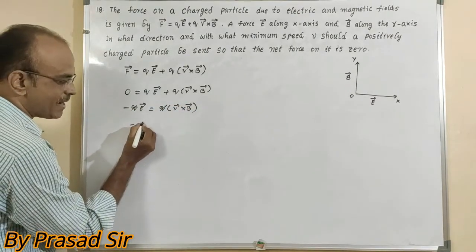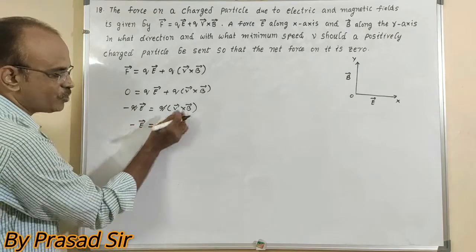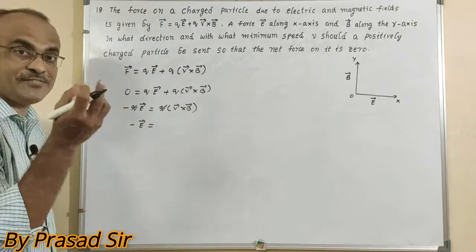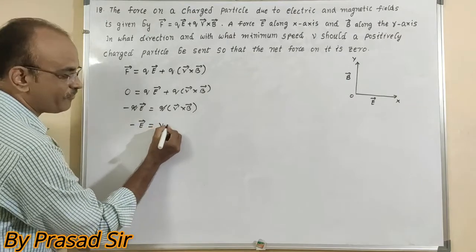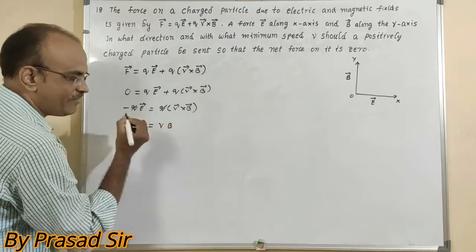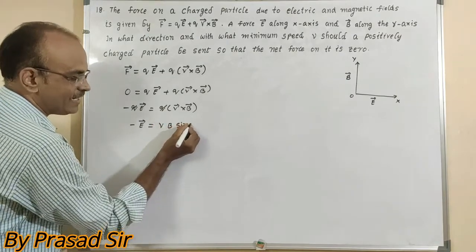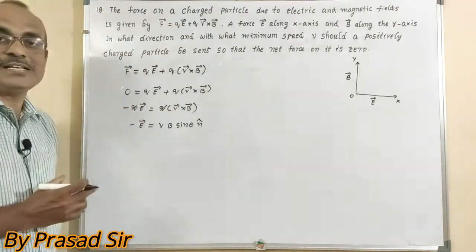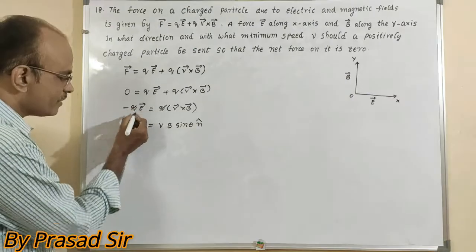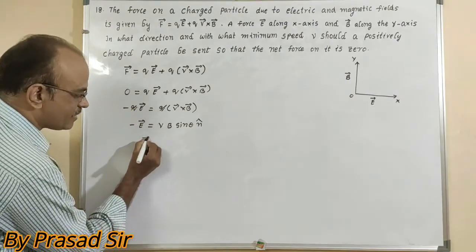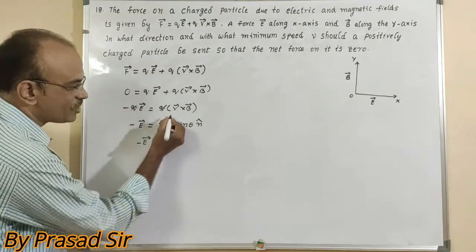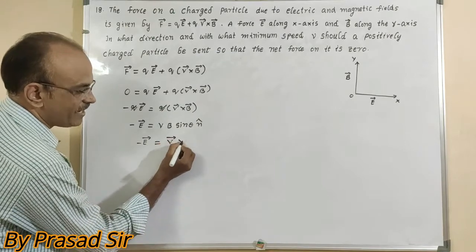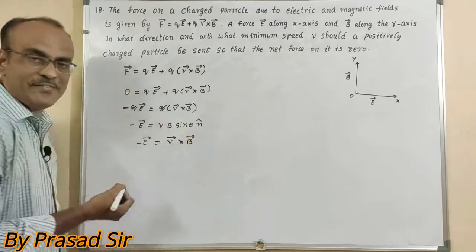So minus E vector is equal to V cross B, which can be represented as magnitude of V, magnitude of B, sine theta, and n cap. So this is the representation of this one. E vector is equal to V vector cross B vector.